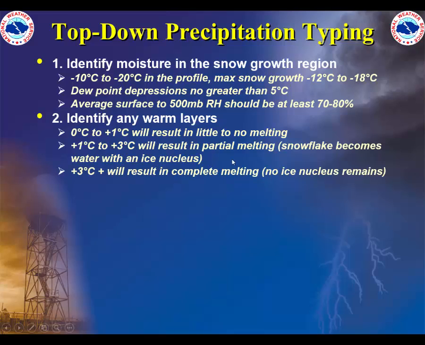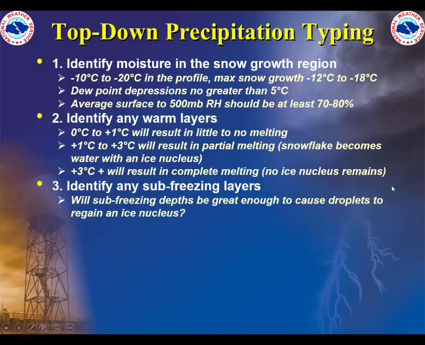If it's 0 to 1 plus degrees Celsius, a little bit above freezing, you're not going to have much melting. But once you get above 1 Celsius to 3 Celsius, you're going to get at least partial melting. Generally, the snowflakes lose their identity and become water with an ice core in it. And then once you get above 3 Celsius, generally you'll have complete melting.